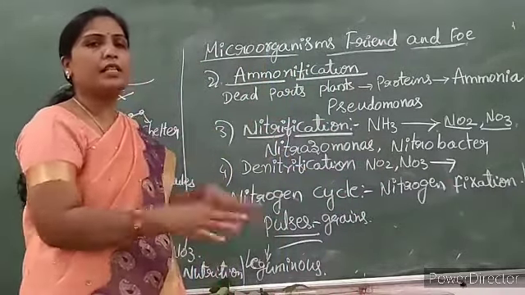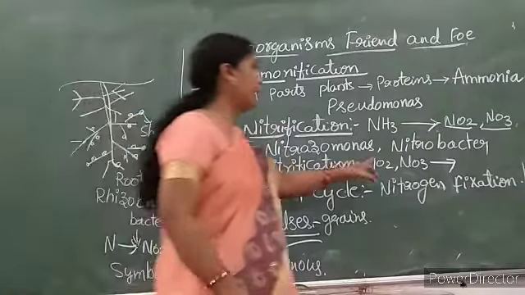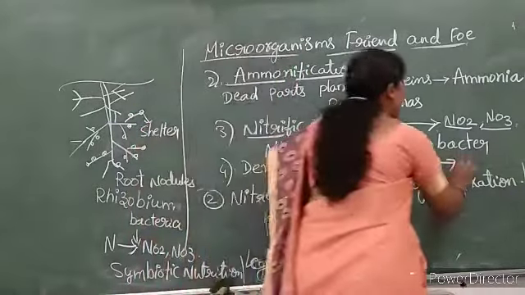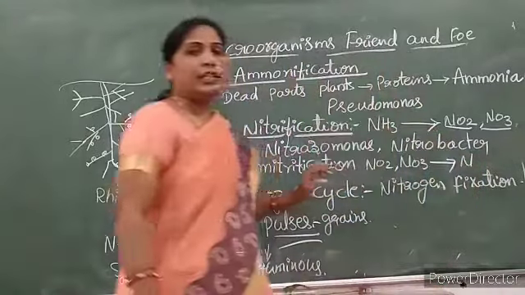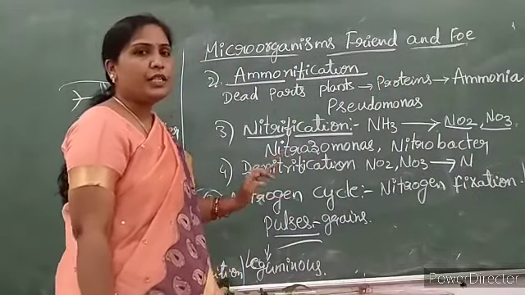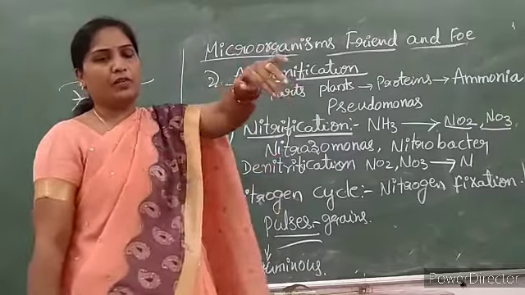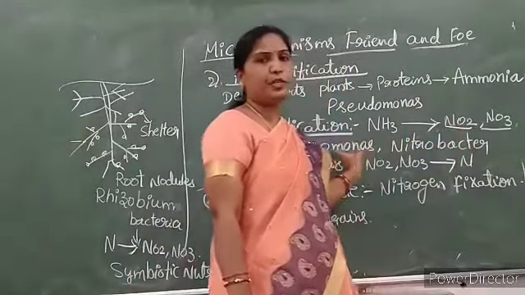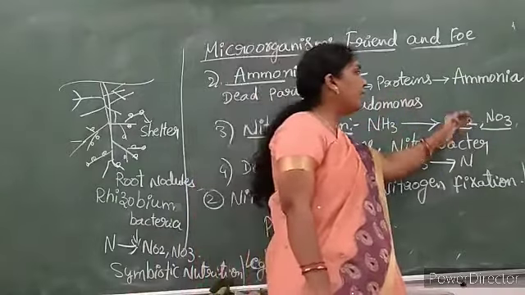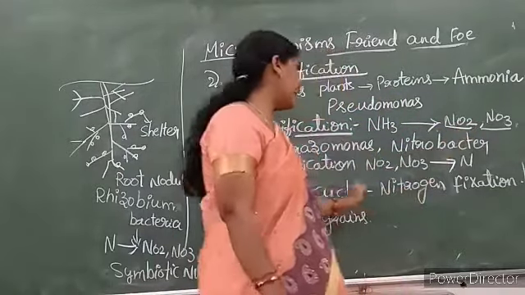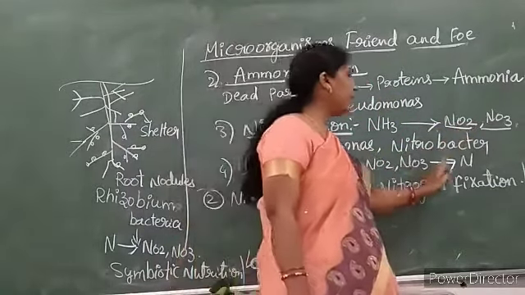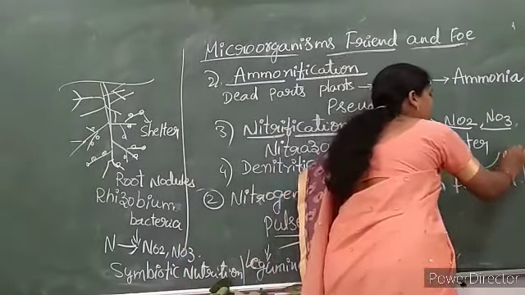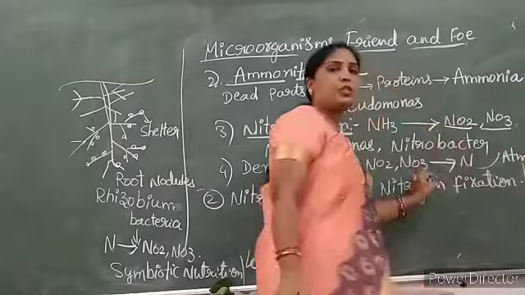The oxygen molecule gets released, and free nitrogen is released back into the atmosphere. Nitrites and nitrates are used up by the plants, and if any amount of nitrates is left, it can be converted again back into nitrogen and re-released into the atmosphere.